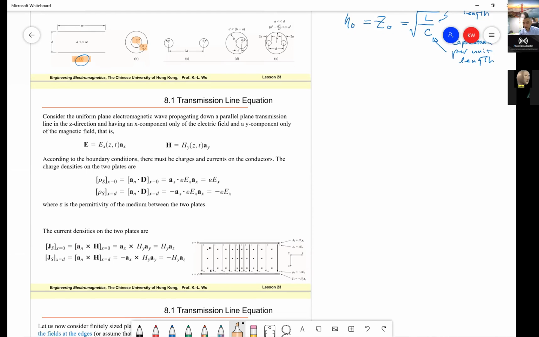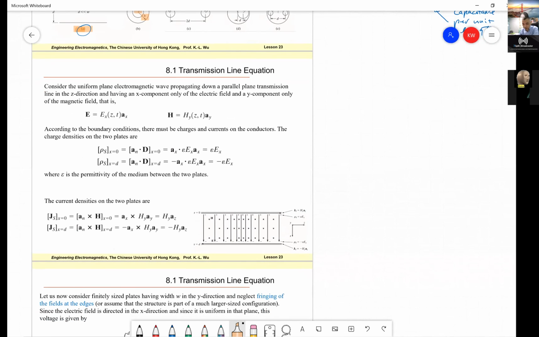Okay, now let's do an analysis. We assume we have a parallel plate transmission line. Okay, the parallel plate transmission line, we have a conductor, we have a conductor.